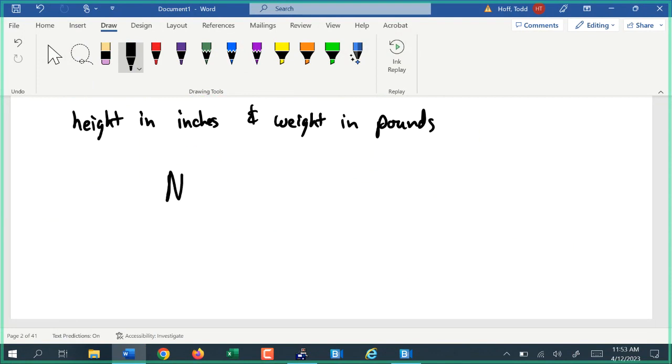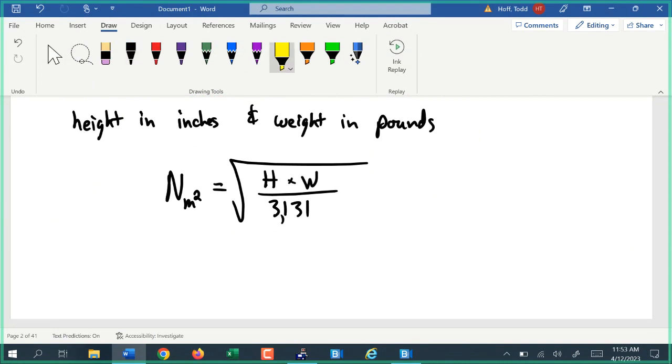So here, the body surface area, in square meters, of course, is the square root of the height in inches now, times the weight now in pounds, divided by 3,131. So you see the only difference in the formula is that constant there.